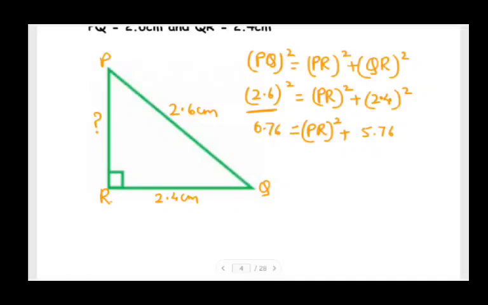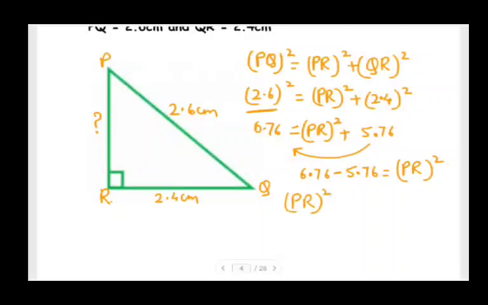So I'll have 2 decimal places again. So I have placed my decimal after 2 numbers. Okay, now this moves to the LHS. Okay, 6.76 is plus 5.76 becomes minus 5.76, which will give me PR the whole square.